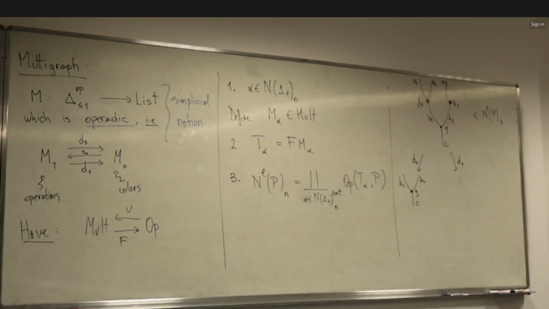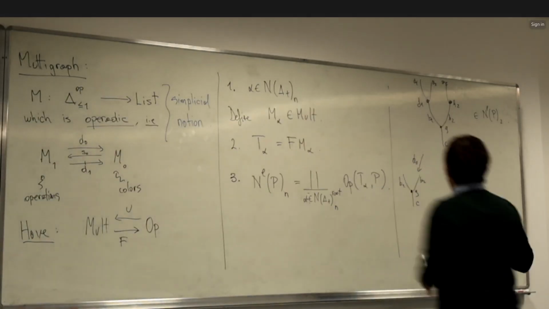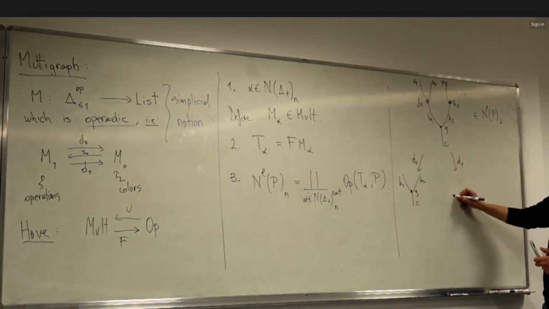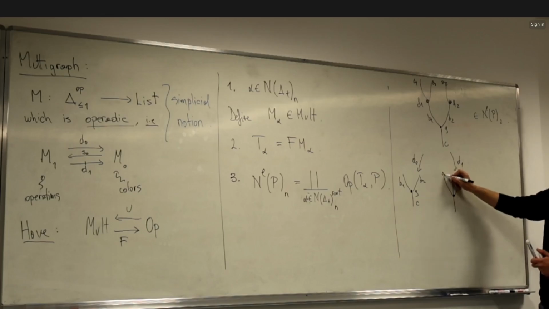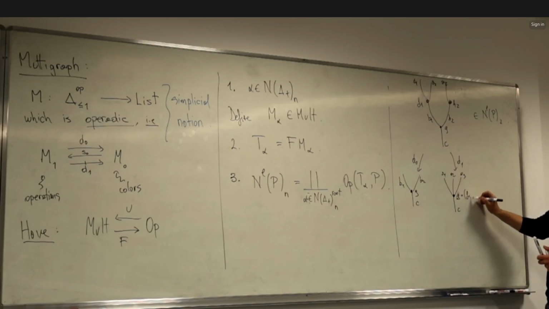The way this acts is that you compose these operations in the operad. So what you get is this: A1, A2, A3, C, and here you do G composed with F1, F2.